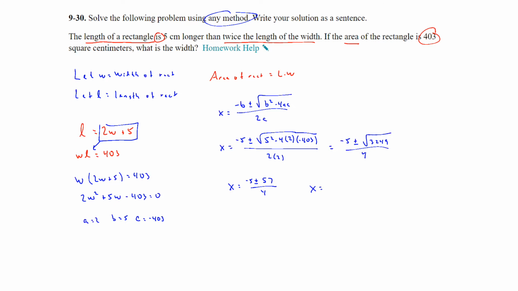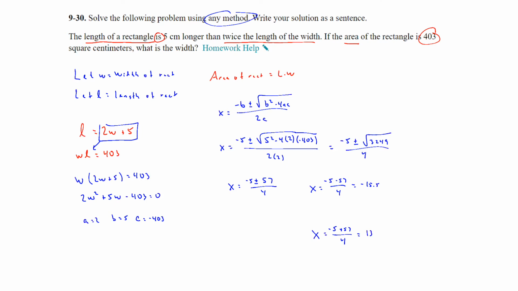So we either have x equals negative 5 minus 57 over 4, or x is equal to negative 5 plus 57 over 4. And so the first one here is going to be negative 62 divided by 4, which will be negative 15.5. And then the bottom one will be 52 divided by 4, which is equal to 13.